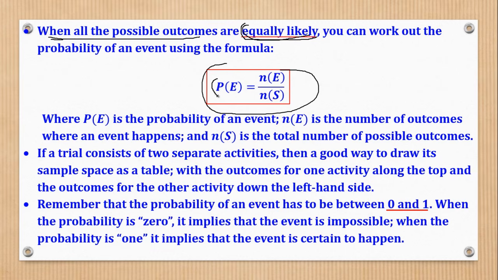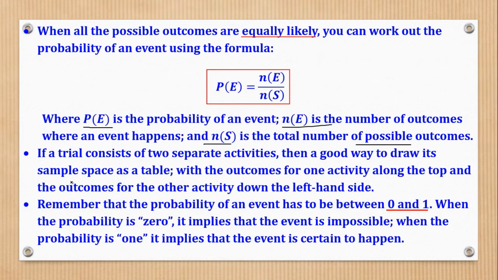The probability of an event is equal to the number of outcomes where the event happens over the total number of possible outcomes, what we call the sample space.